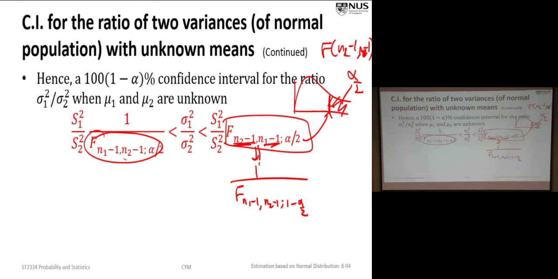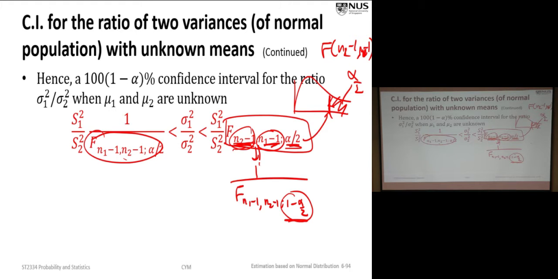That is, a point which is greater than this with probability 1 minus alpha over 2, when you take the reciprocal, is the same as a point that is greater than this point with probability alpha over 2, but from a different distribution. We swap the two degrees of freedom. Why? It's the same thing.